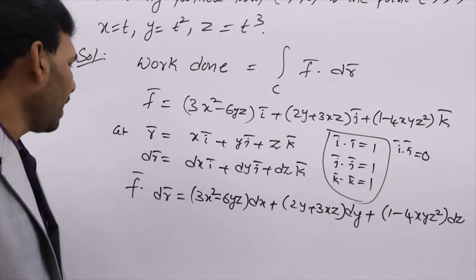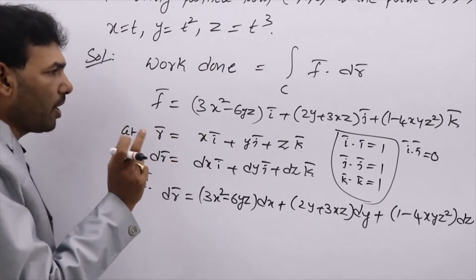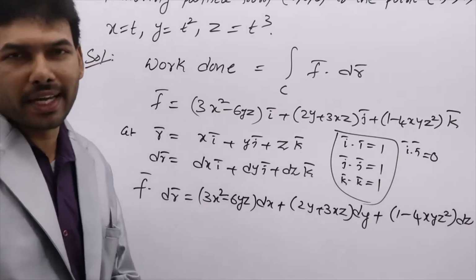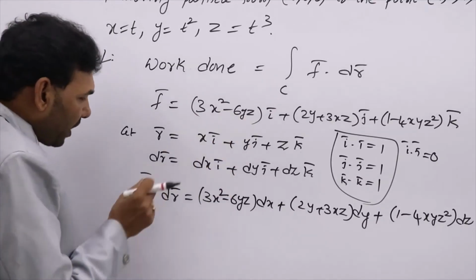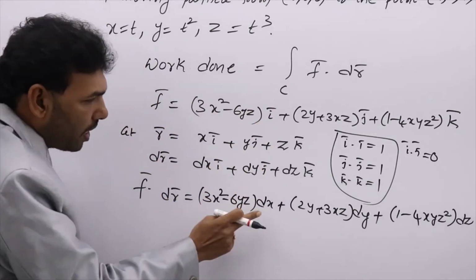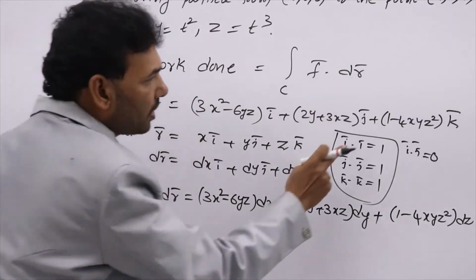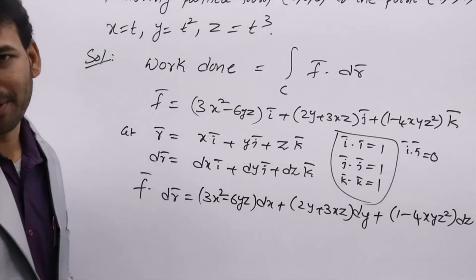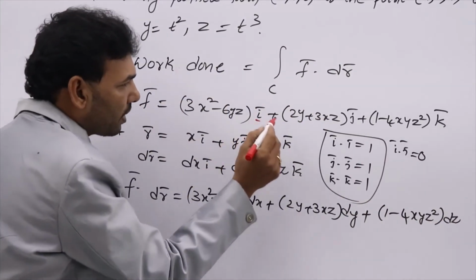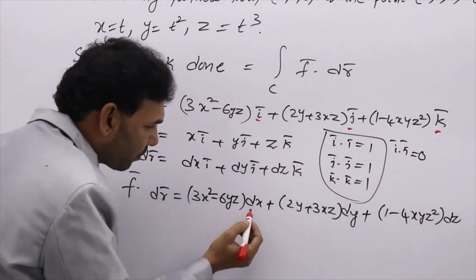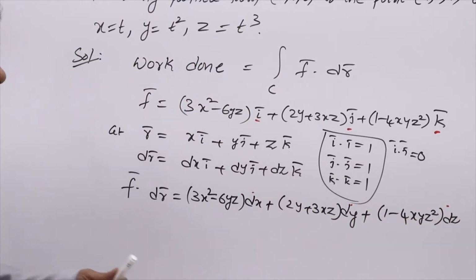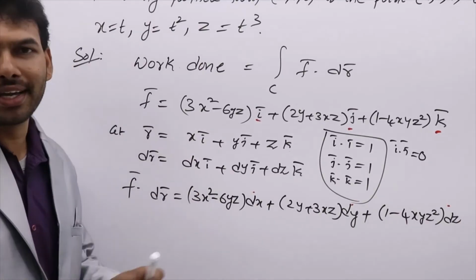The simple technique, without writing r bar and dr bar, by seeing f bar itself you can write f bar dot dr bar: in place of i bar you get dx, in place of j you get dy, in place of k you get dz. That is the shortcut.